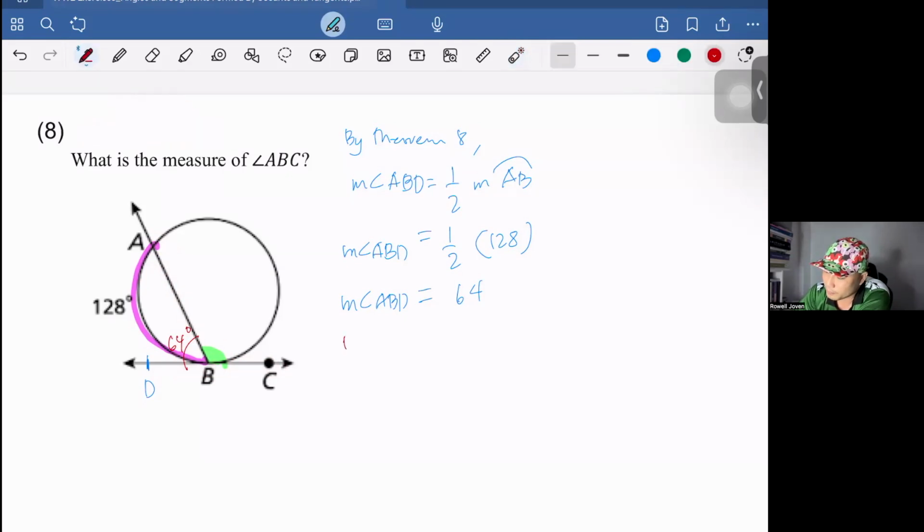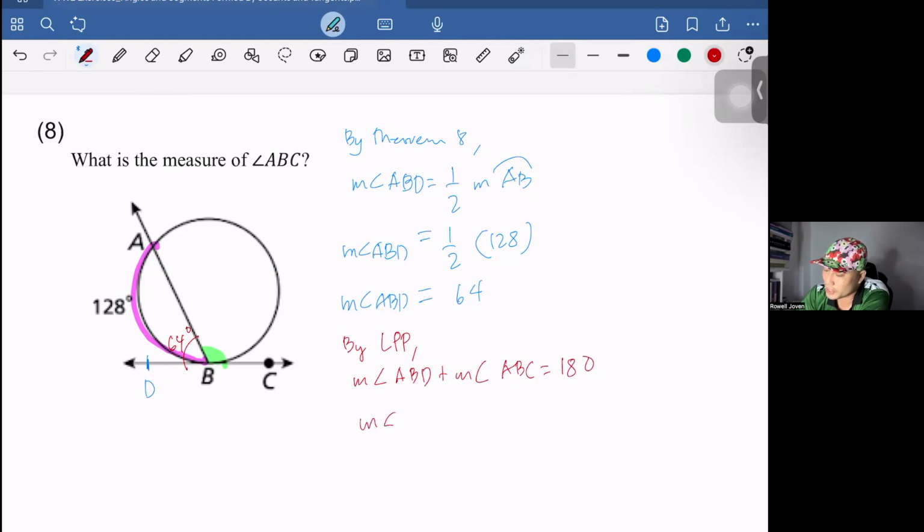That means by linear pair postulate, LPP stands for linear pair postulate, the measure of angle ABD plus the measure of angle ABC is always equal to 180.